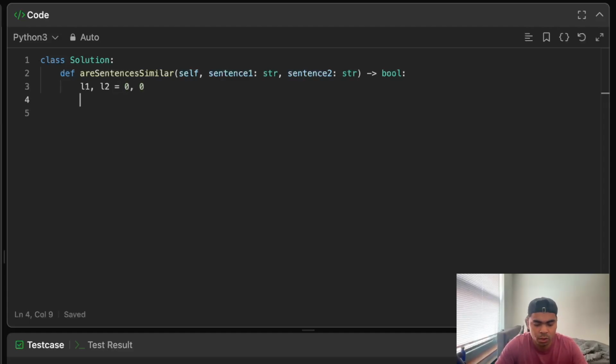Then I have R1 and R2. R1 is pointing to the length of sentence 1, and R2 is pointing to the same thing, but for sentence 2.